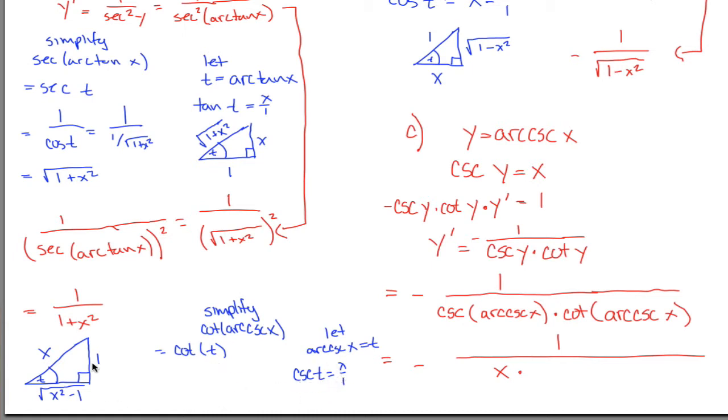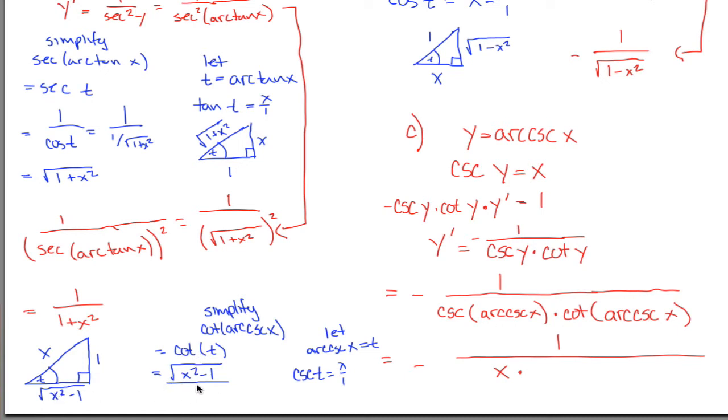From this information, I'm able to draw this picture, and from this picture, I'm able to evaluate what cotangent is. Cotangent is 1 over tangent, and tangent is sine over cosine. Actually, there's an easier way. SOHCAHTOA: tangent is opposite over adjacent, and cotangent is 1 over tangent, so instead of opposite over adjacent, it is adjacent over opposite. Adjacent right here is the square root of x squared minus 1.